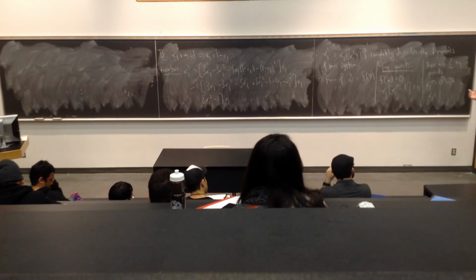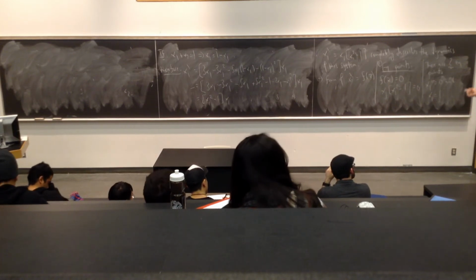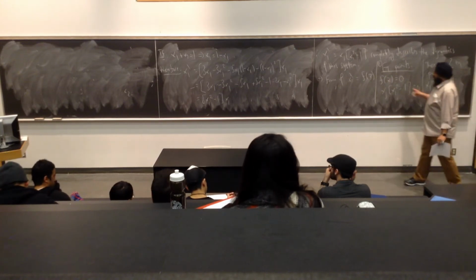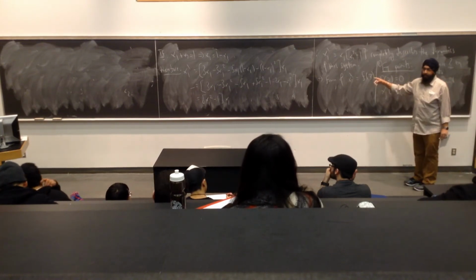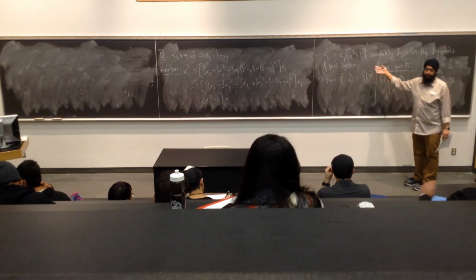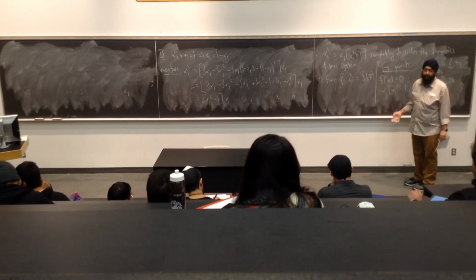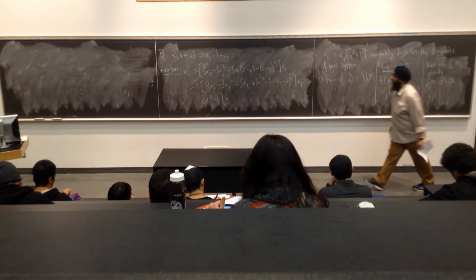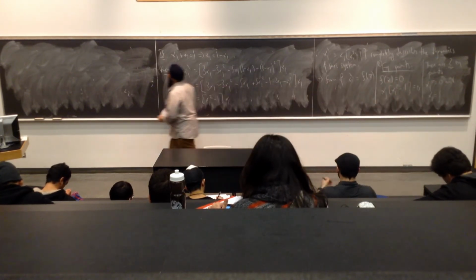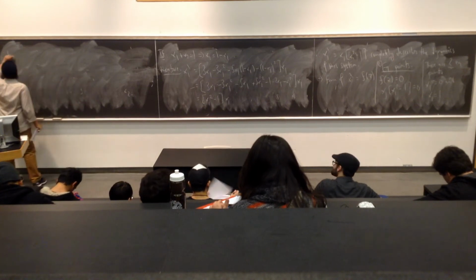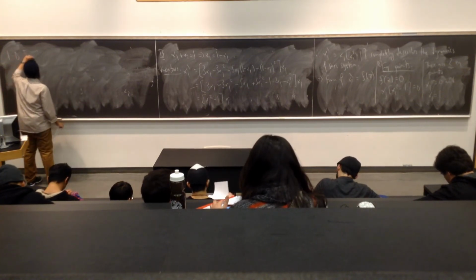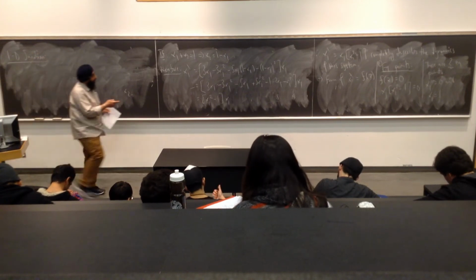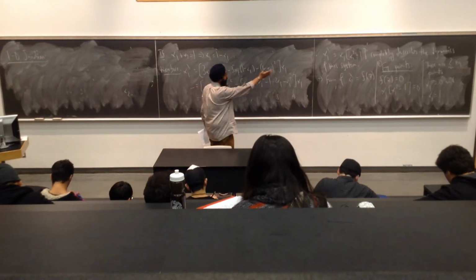To determine which of these is stable, unstable, source and sink and so forth. In this case though, the Jacobian will just be the derivative of the right side because it's not a system, it's just one equation. So you can still compute a Jacobian of one equation, but it's just the ordinary derivative. So let's do that. Our 1D Jacobian, for lack of a better word, is just the derivative of the right side of this equation.